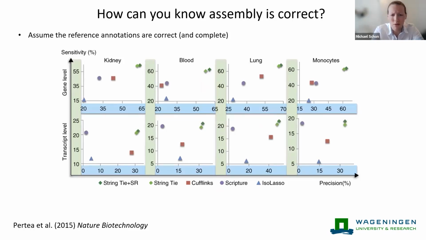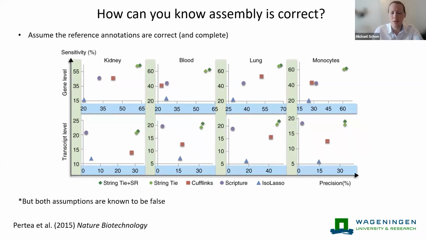Another possibility for benchmarking these algorithms is to simply assume that the reference annotations are correct and complete. And you can come up with metrics for precision and sensitivity as a function of how well your assembly matches a reference annotation.